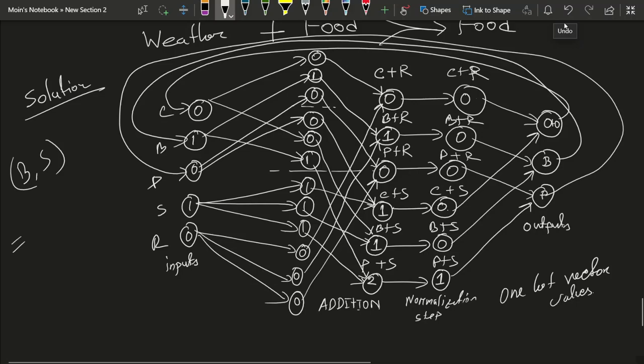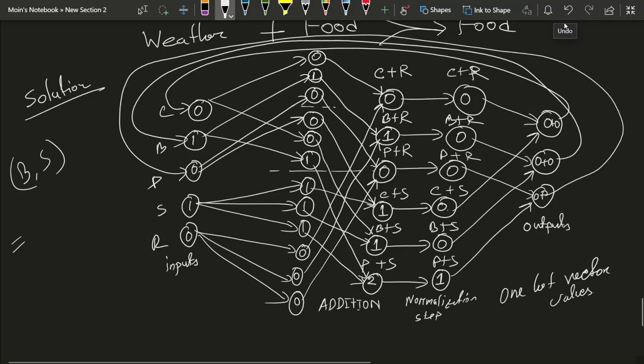So 0 plus 0 is 0, and let's consider it b, so it will be 0 again plus 0. So r plus s is going to be removed and the values will get added.